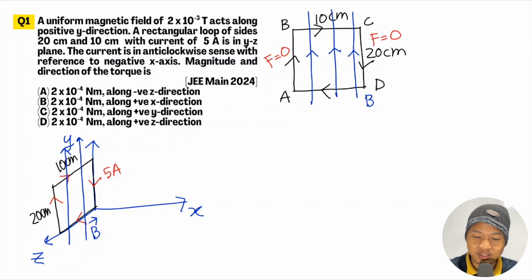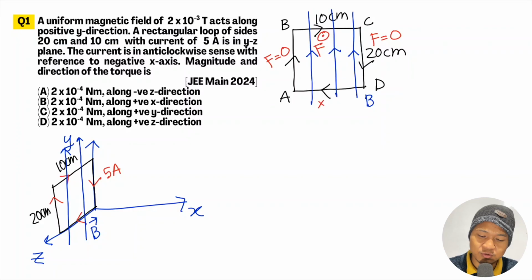On BC, the force is dL cross B. By the right hand rule, your thumb will be pointing outwards, so the force is outwards. On DA, dL cross B by the right hand rule gives fingers pointing inwards.